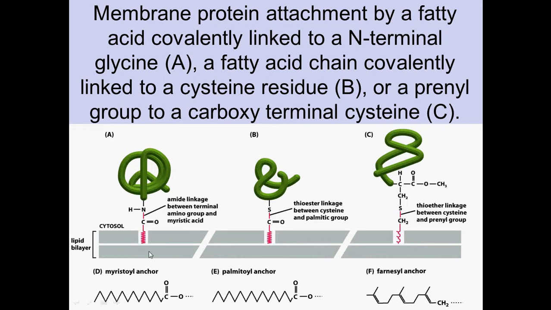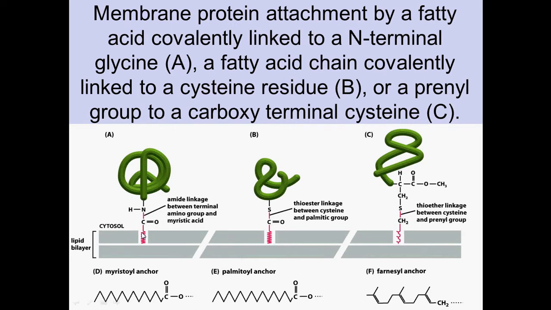Those are going to interact with the myristic anchor here, and the palmitic group here, and the prenyl group over here. We have a cysteine here, a cysteine amino acid. And then over here we also have a cysteine, and this one's the glycine over here.